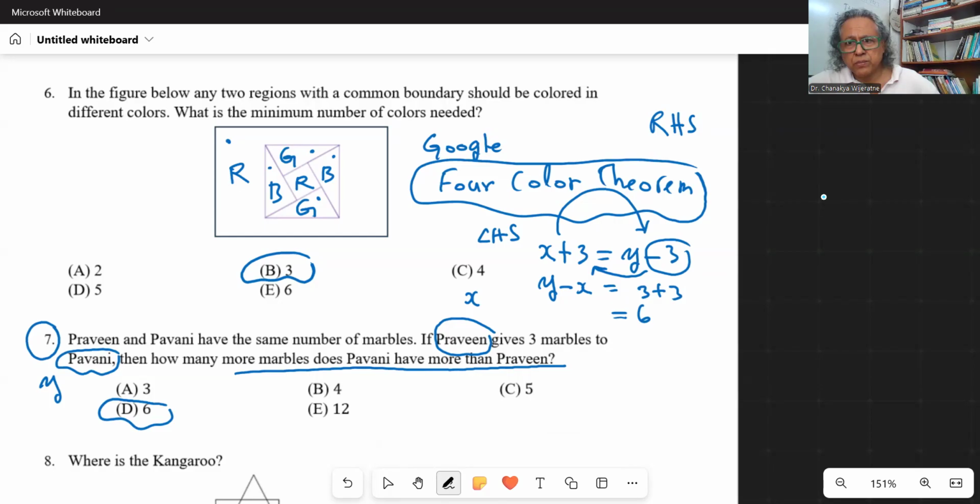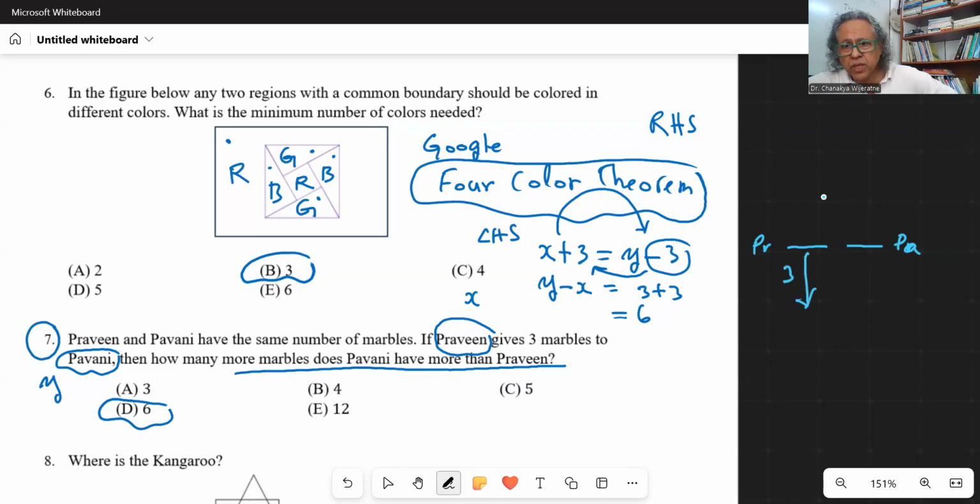Here's Praveen and Pavani before the transaction, right? And when Praveen gave 3 to Pavani, his number of marbles got decreased by 3.